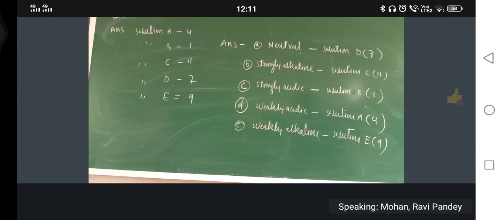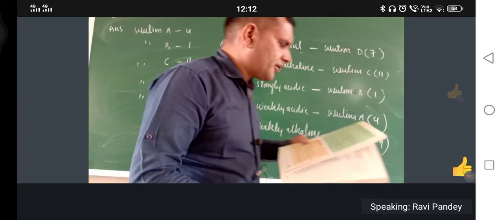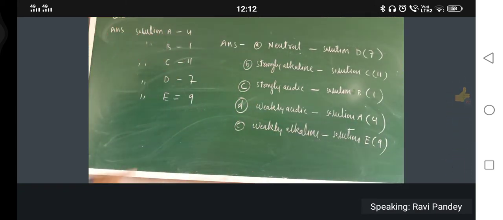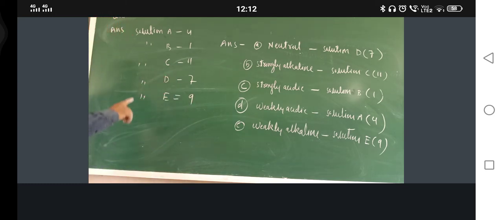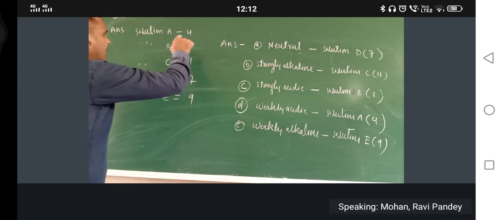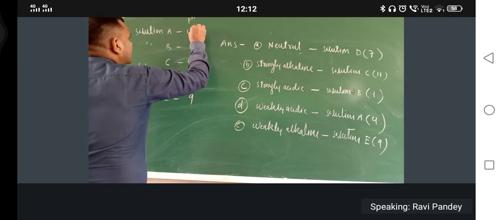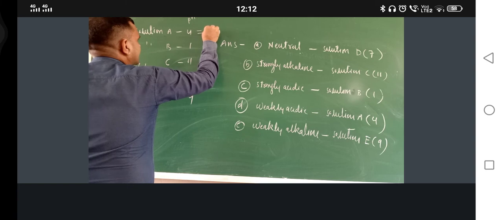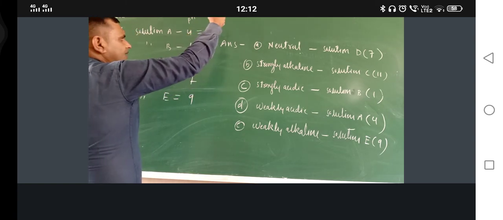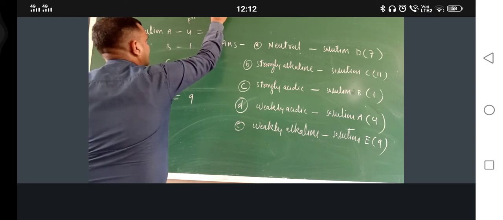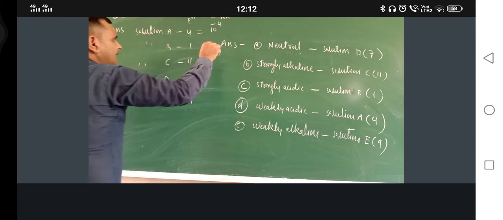It is asking further, arrange the solutions in increasing order of hydrogen ion concentration. So hydrogen ion concentration means, just see, simple: if this is solution A with pH 4, then in terms of H positive ion concentration, write down here H positive ion concentration, 10 raised to the power minus 4.